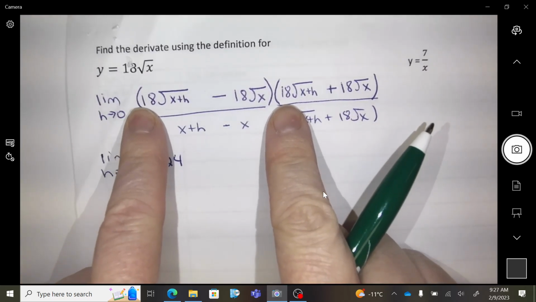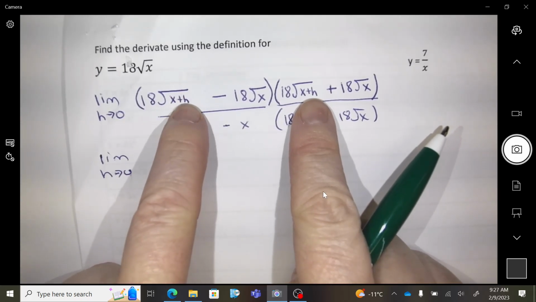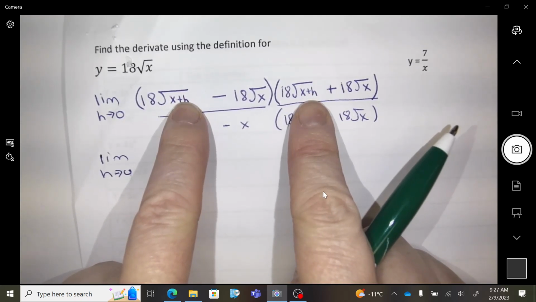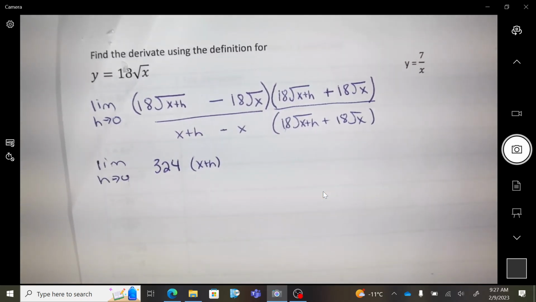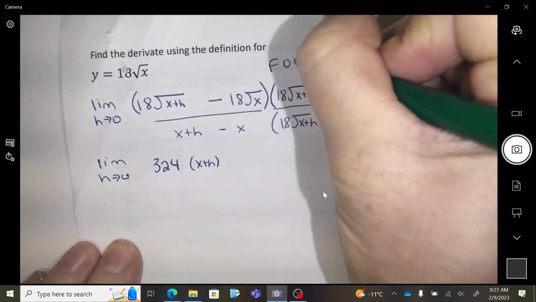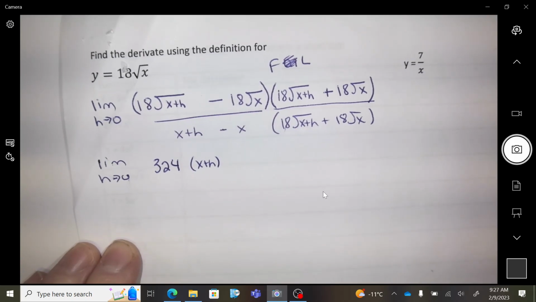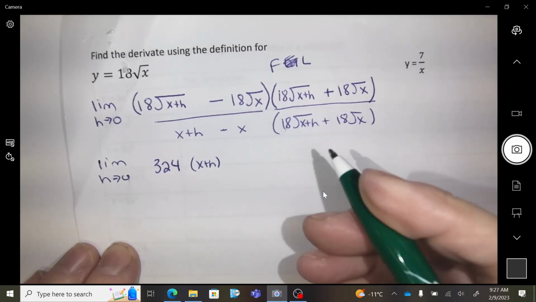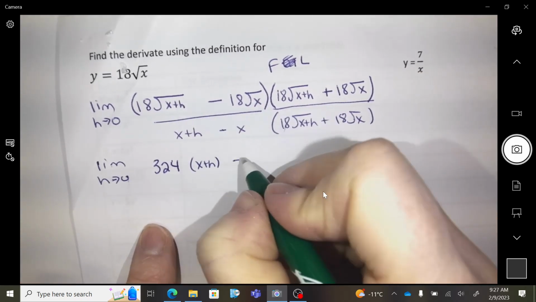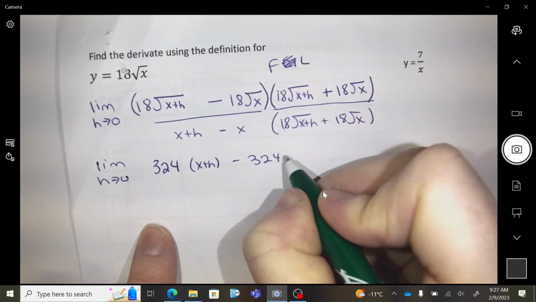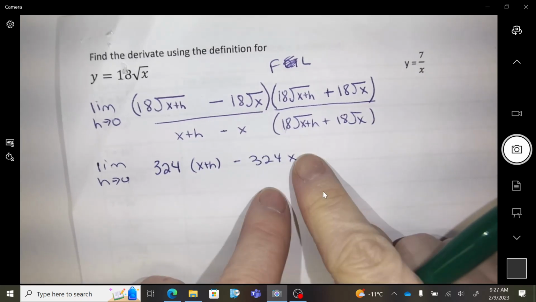324. What happens when I do a root times its same root? It just becomes its underneath part. Cancels. Are you remembering when I FOIL that I don't have to do that part? I can shortcut the FOIL and just do flow, right? Cancel. And then this is always subtract 324, and then the radical part cancels.